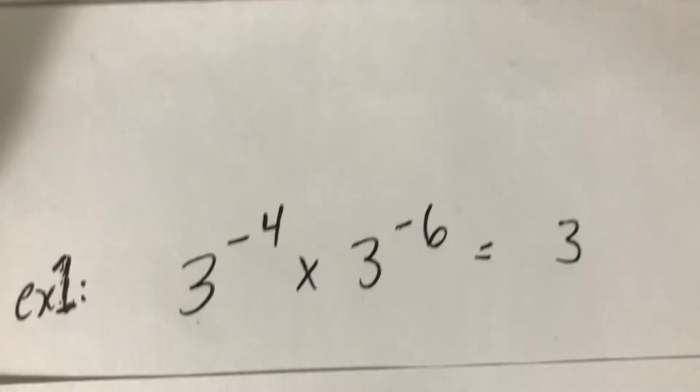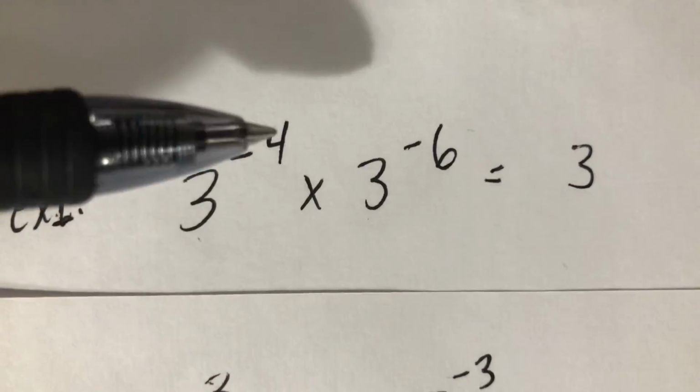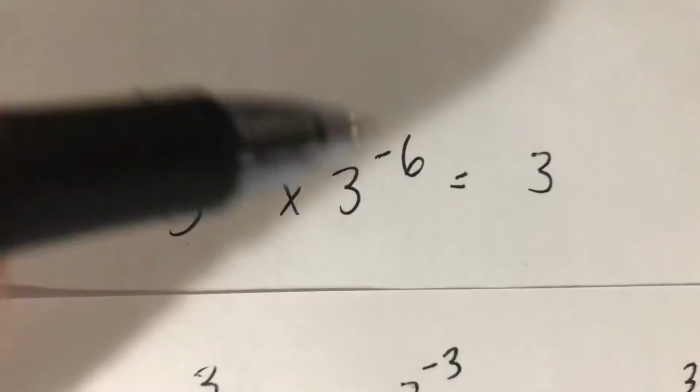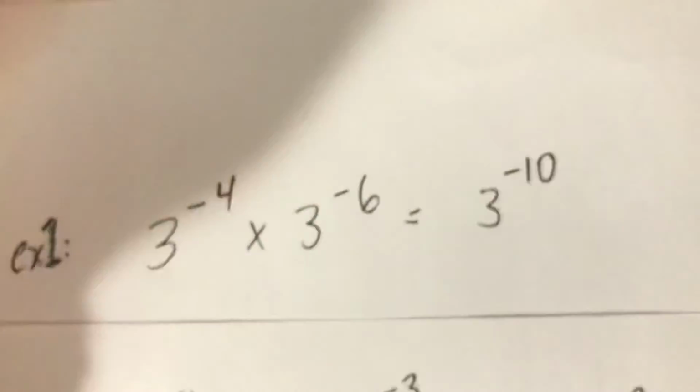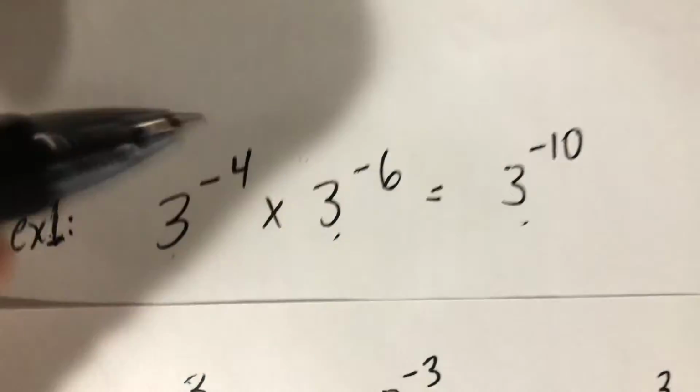Whenever we have negatives, so we have minus 4 and minus 6, a negative plus a negative is going to be minus 10. This number stays the same, and then we add these two numbers up.